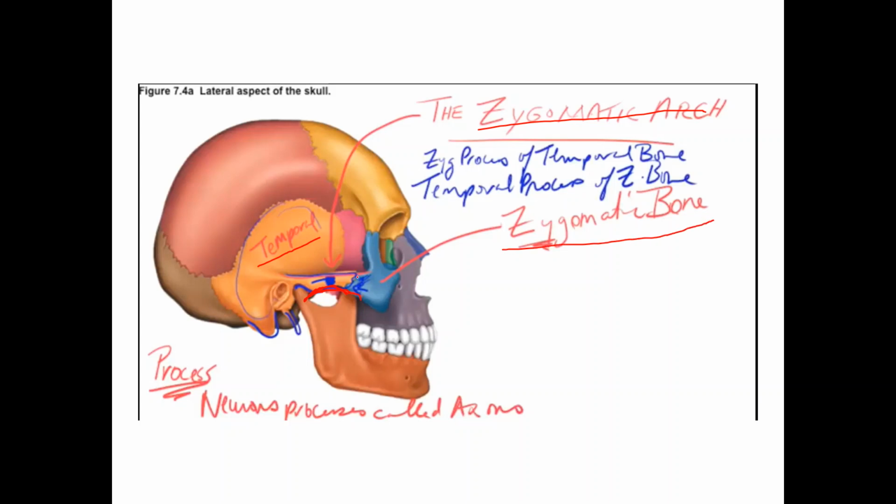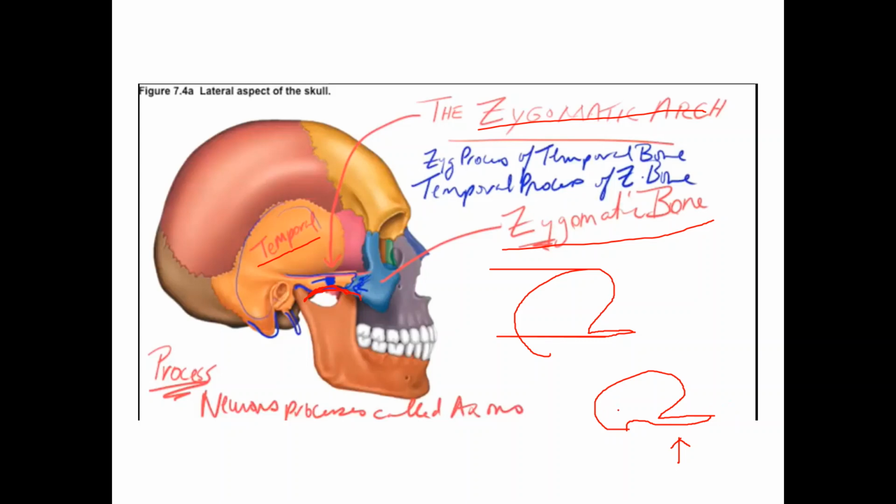And generally speaking, if the temporal bone has a process, a process is like my arm is a process of my body, an elongated feature that sticks out. And this process articulates with another bone, or maybe the process of another bone. That process will take the name of the bone with which it articulates.